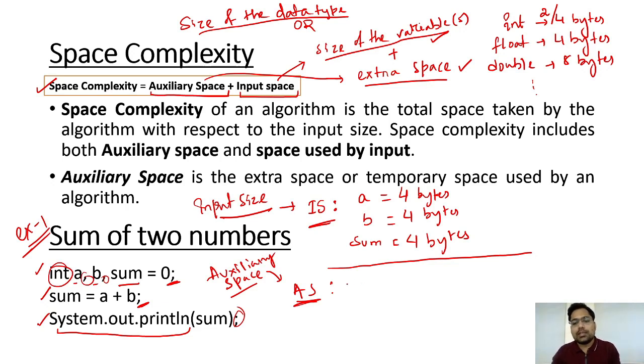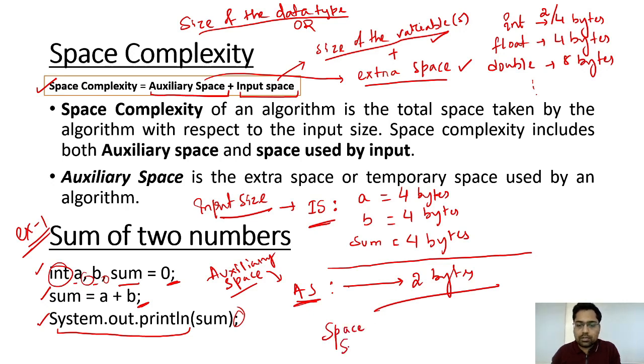Like, you can take auxiliary space as 4 bytes, or I'm just taking 1 byte, also I can take 2 bytes, I can take anything, because it's not decidable by you. So our target is finding the space complexity.